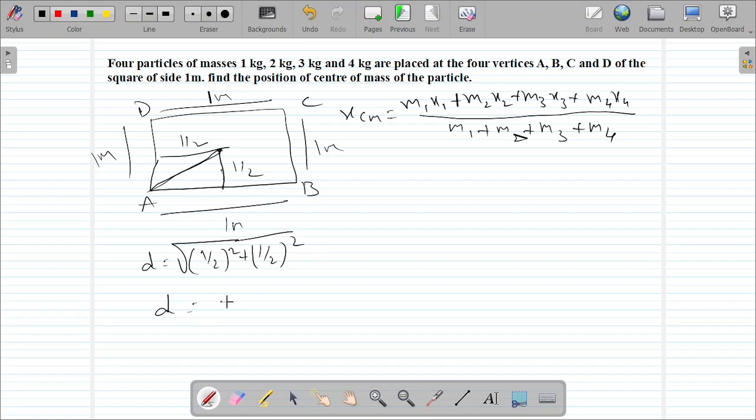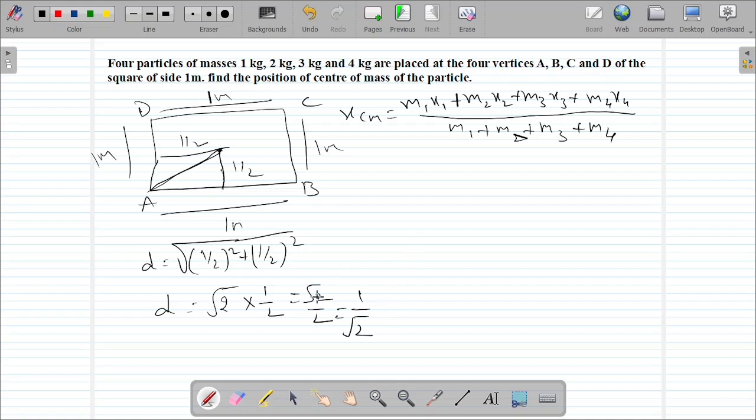So D equals root 2 into 1 by 2. You can simply write it as root 2 by 2, or write 2 as root 2 into root 2, root 2 gets cancelled, so this is also 1 by root 2. This is the distance.